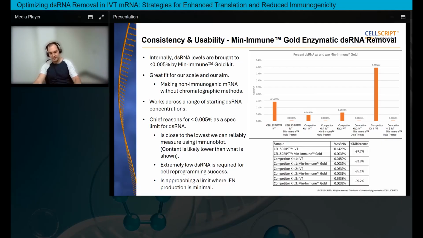So it's important to keep things at this super low level for things like cell reprogramming success, and anything more complicated than that.